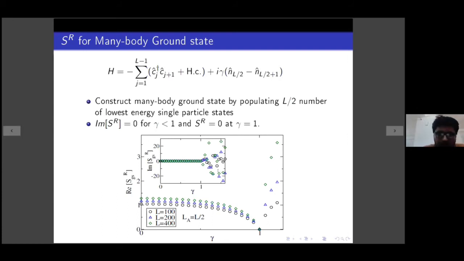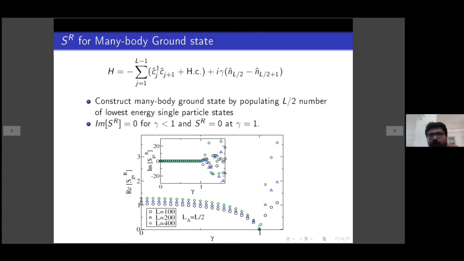So we also checked that, and it turns out that in the PT symmetric phase, your entanglement entropy is just real, so the imaginary part is 0. Whereas as you go to the PT broken phase, the imaginary part starts kicking up.